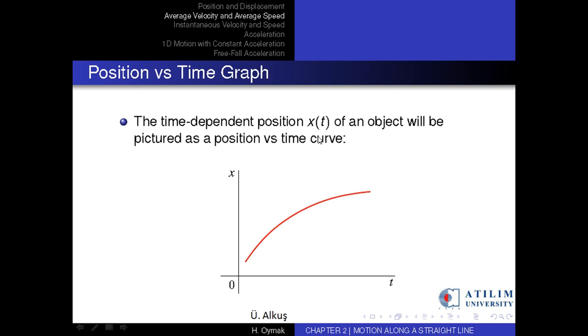We will usually show the time-dependent position x of t of an object as a position versus time graph, as shown in this figure.